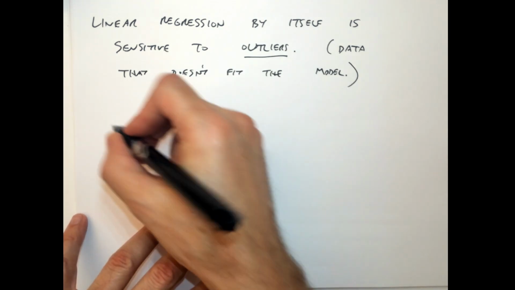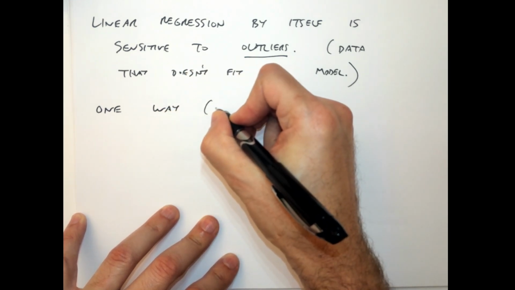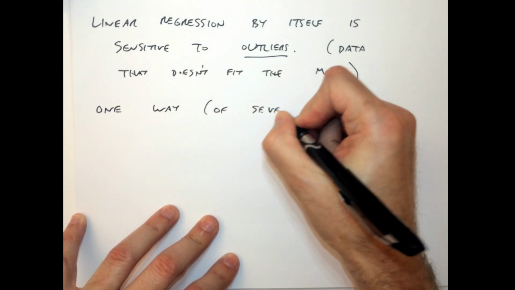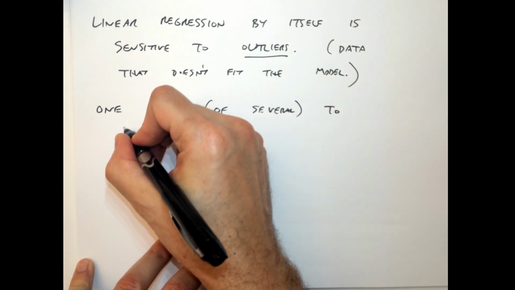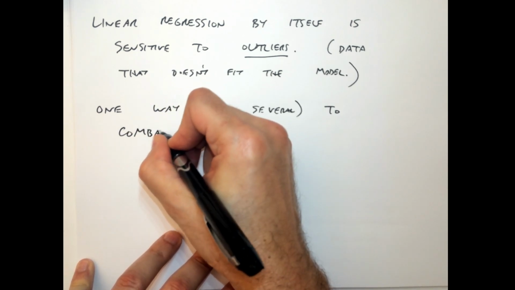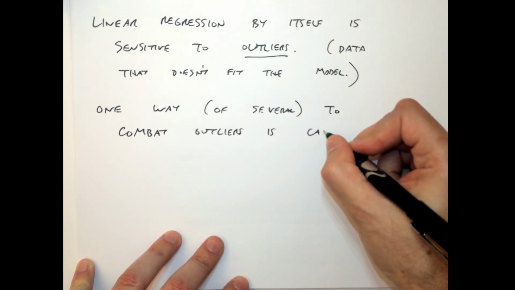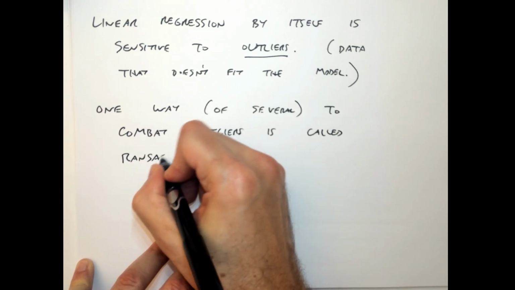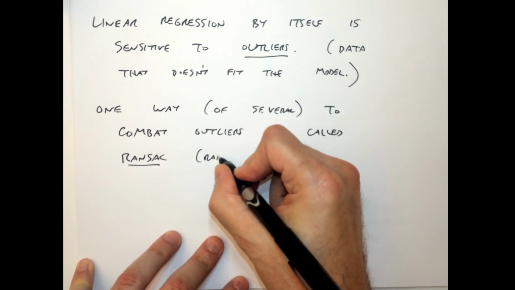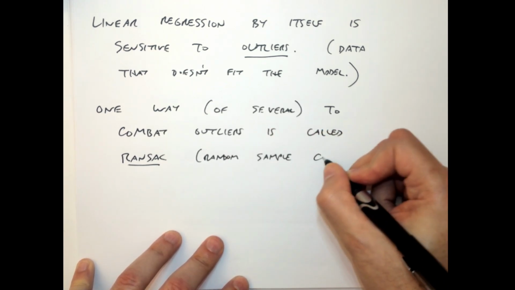So one way of several to combat this problem of outliers is called RANSAC, which stands for Random Sample Consensus.